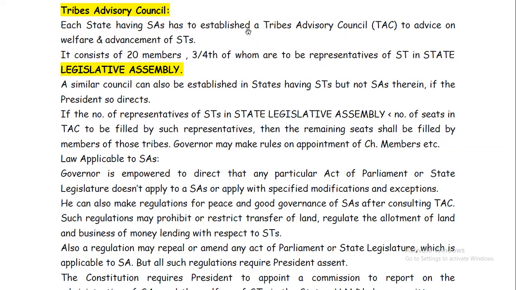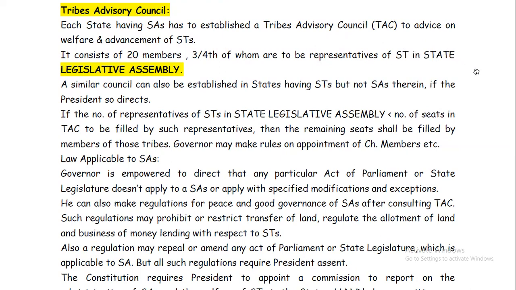And remember, out of these 20 members, 3/4 of whom are to be the representatives of ST in that particular state, because these are the tribal areas, right? So 3/4 of these 20 members should be the representatives of that particular state.